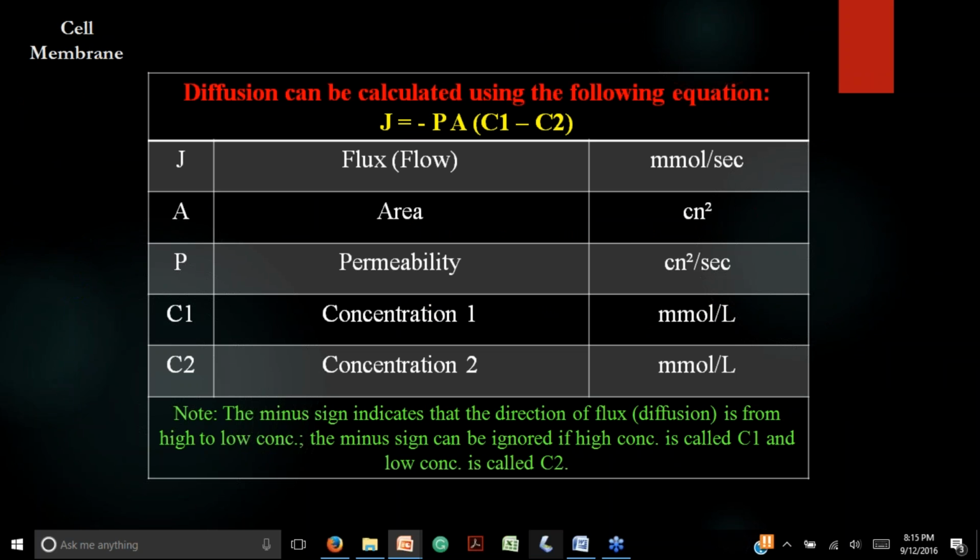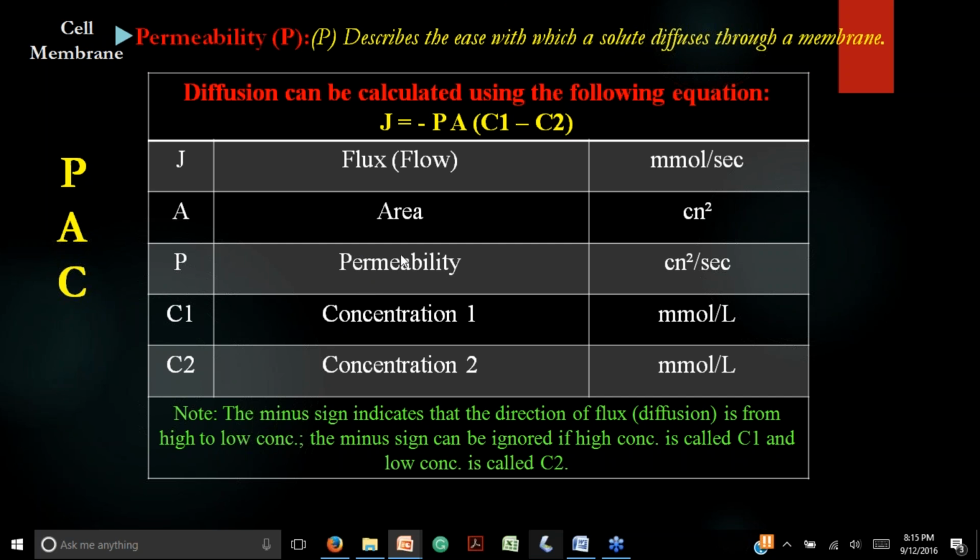Okay, so let's start talking about the flow, or the flux, of diffusion. For this, we have some terms that we need to remember. First of all, the permeability. Permeability describes the ease with which a solute diffuses through a membrane.